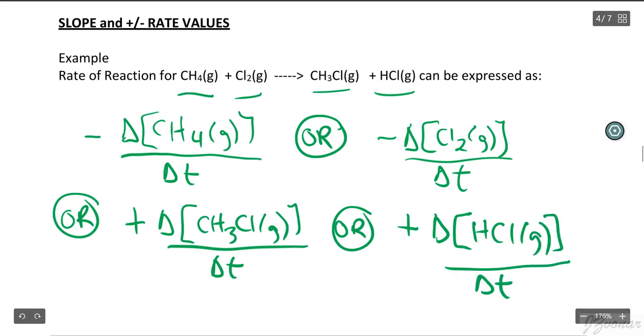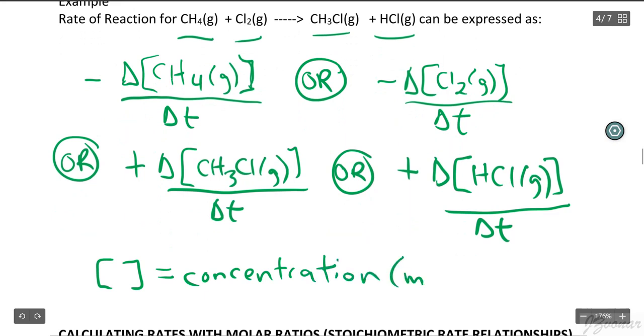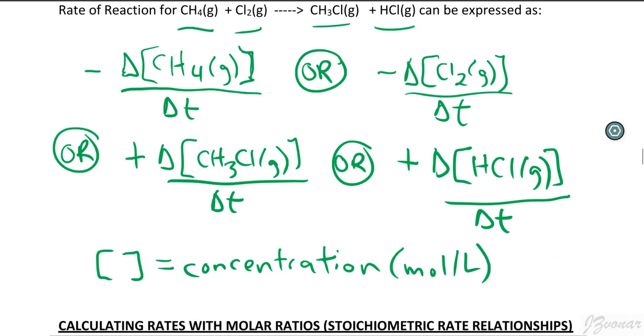Now remember, whenever we use square brackets around a formula, it's referring to concentration. That is an important thing to remember from grade 11. The brackets mean concentration, and the units of concentration are moles per liter.